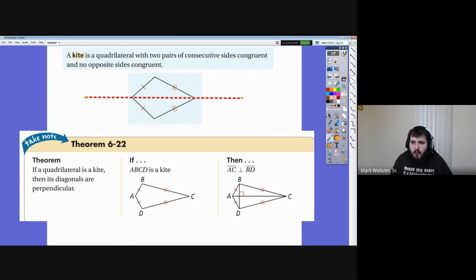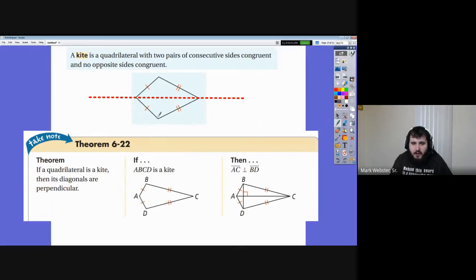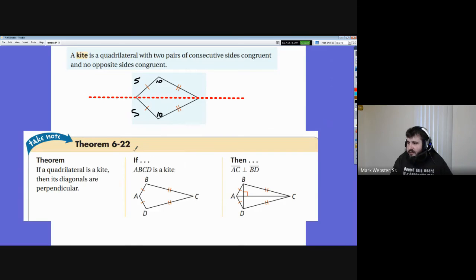So if you know this angle is 10, this angle's 10. If you know this side has a length of 5, this side has a length of 5, etc. So all those things are the same. The only other thing to talk about is the fact that the diagonals make a crossbar, they make a T, that's a 90-degree angle.